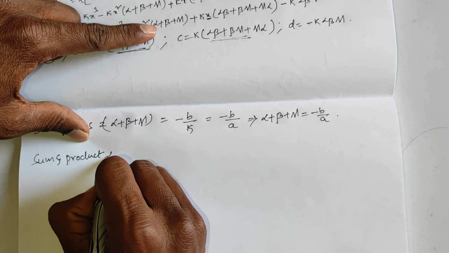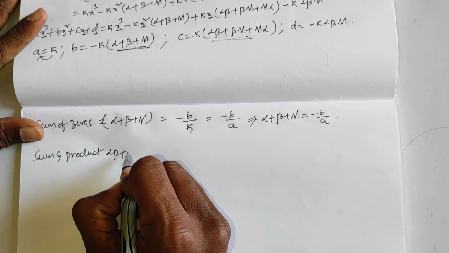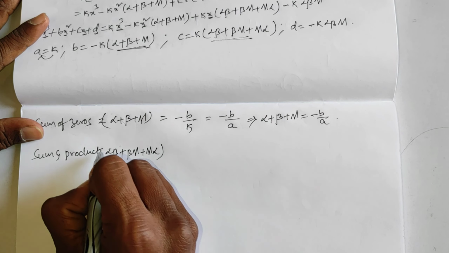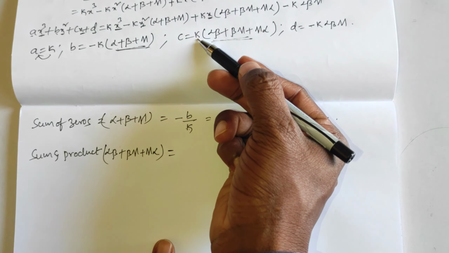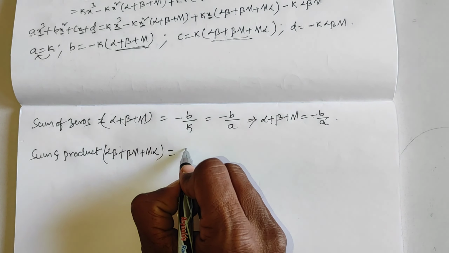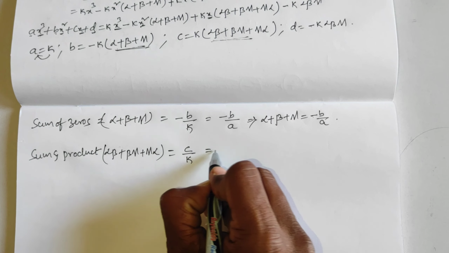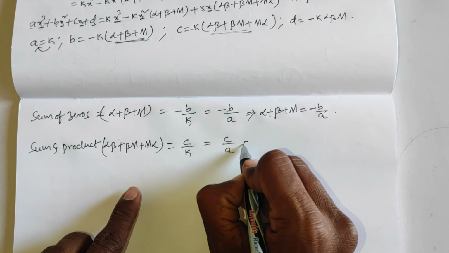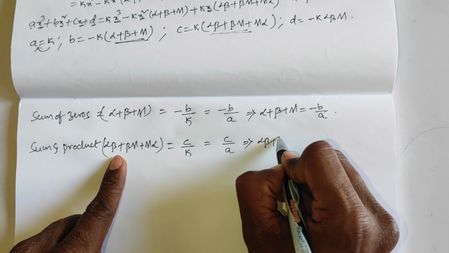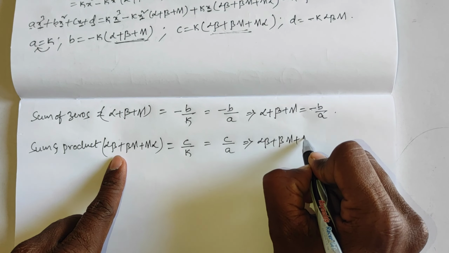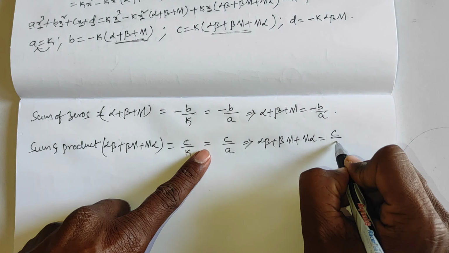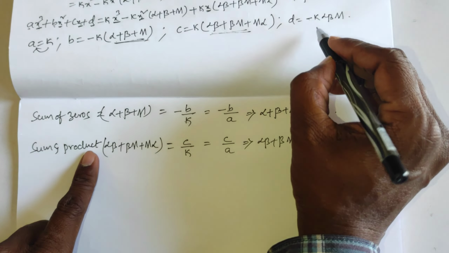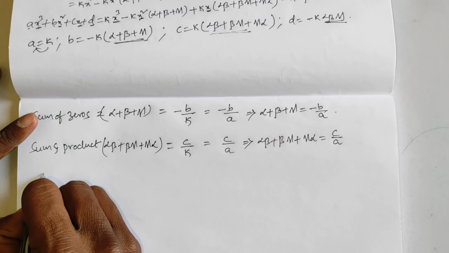That means alpha beta plus beta gamma plus gamma alpha is equal to, multiplication becomes division, c by k. We know k is a, so alpha beta plus beta gamma plus gamma alpha is equal to c by a. That is sum and product at a time. And the last one is the product of zeros, only product.